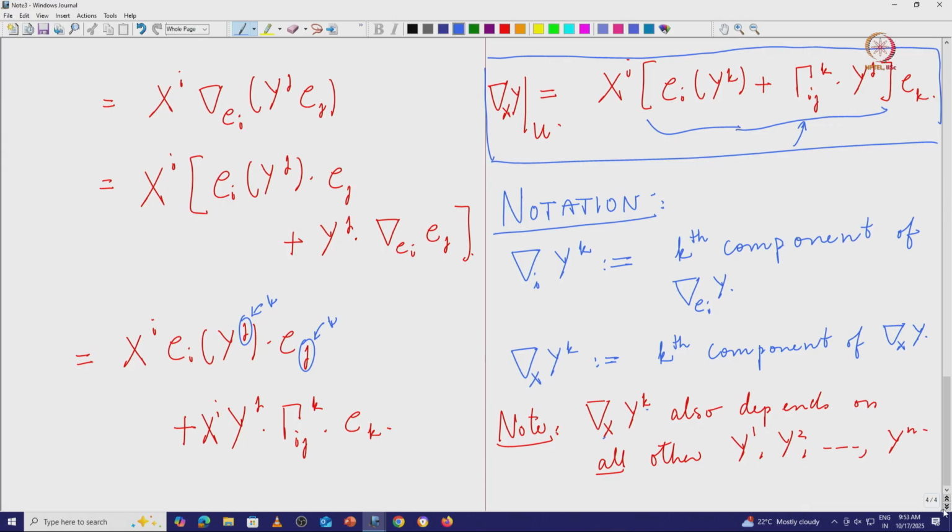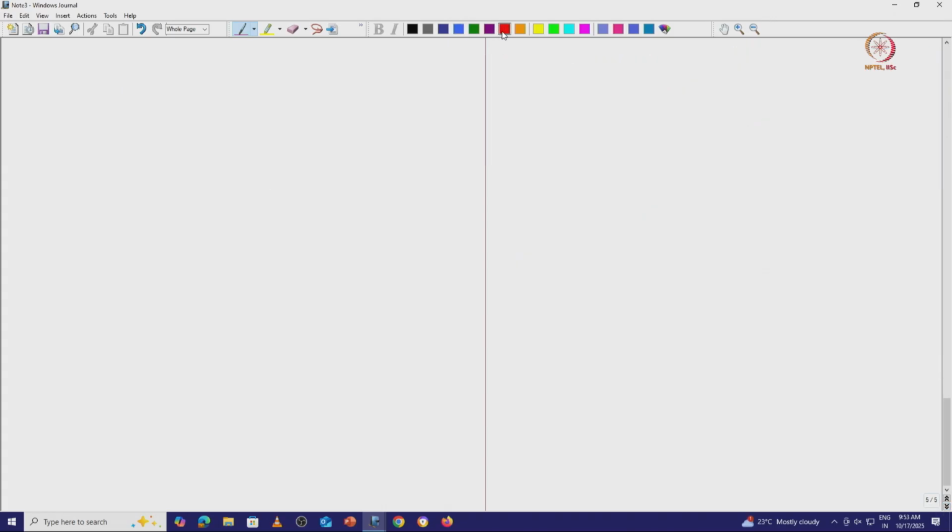So if I apply the above formula, let me maybe write it down again. If you apply the above formula to x equals di, where di is with respect to some coordinate system, and you look at the kth component of the derivative of y in the ith direction, then this is simply going to be this.